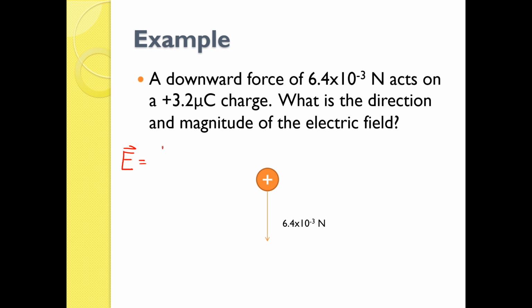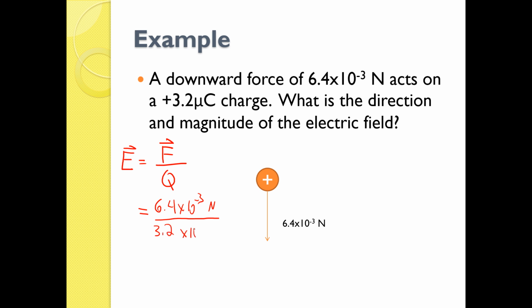So our equation is as follows. Electric field equals force over charge. We want to know what the electric field strength is, so we'll put in the information we know, 6.4 times 10 to the negative 3 newtons. We have a 3.2 microcoulomb charge.